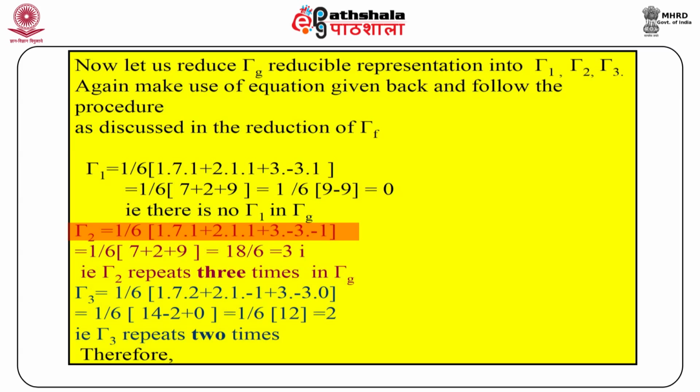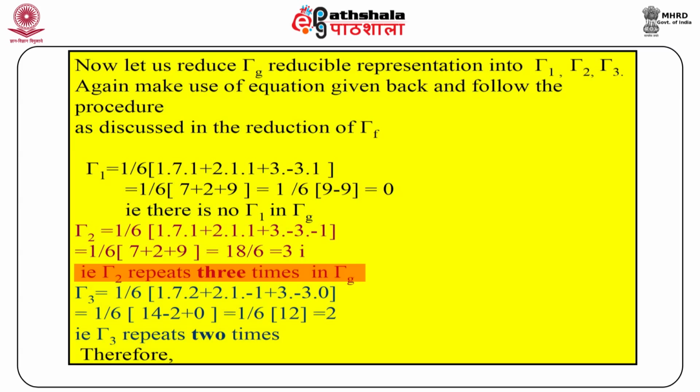Tau 2, 1 by 6, 1 into 7 into 1 plus 2 into 1 into 1, 3 into minus 3 into minus 1, that is 1 by 6, 7 plus 2 plus 9, 18 by 6, that is 3.